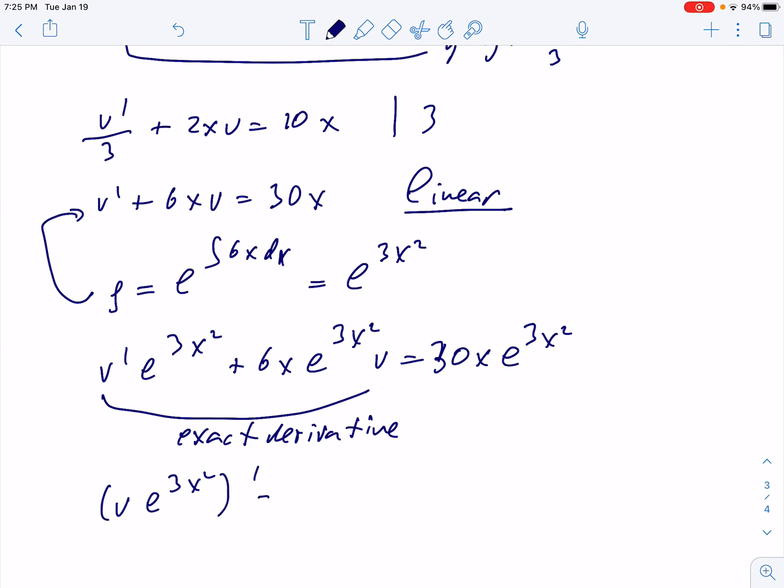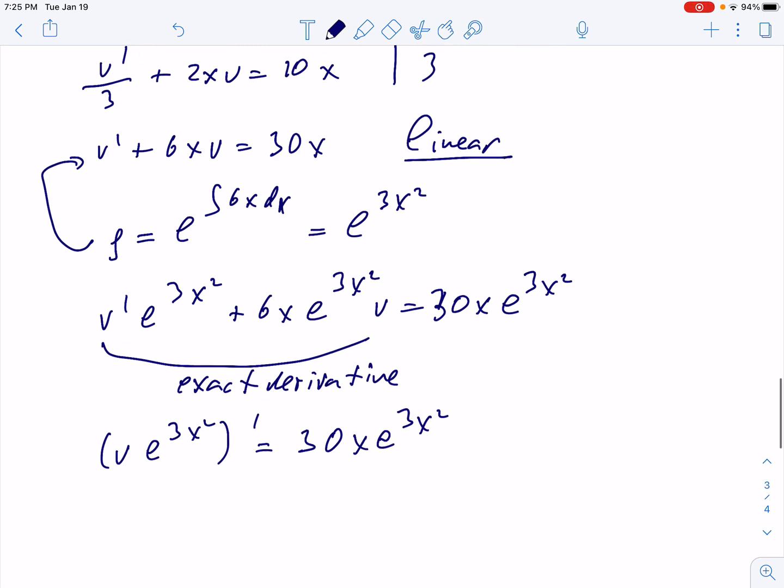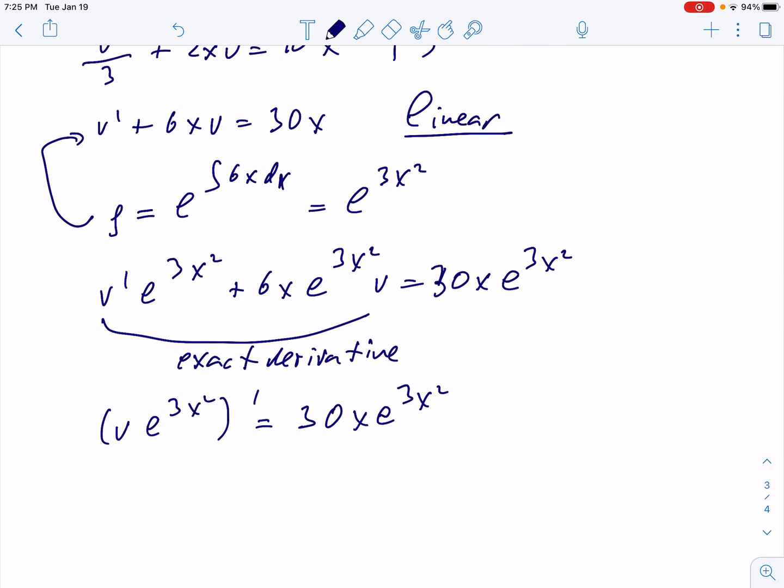Let's check here on the side, what is the derivative of exponential 3x squared? This will be the derivative of 3x squared, which is 6x, and repeat the exponential.